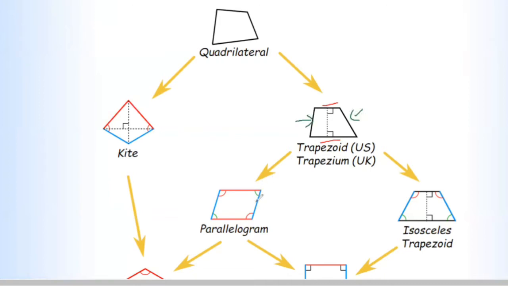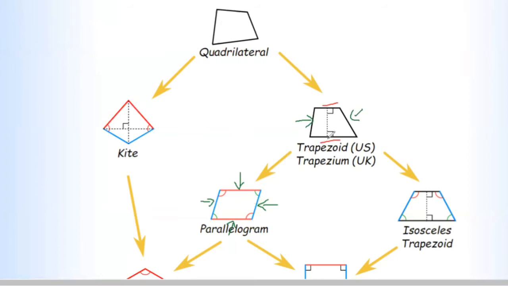In a parallelogram, in addition, the remaining two sides also have to be parallel. So in a parallelogram the condition is that both pairs of opposite sides are parallel to each other. In such a situation, we call the quadrilateral a parallelogram.